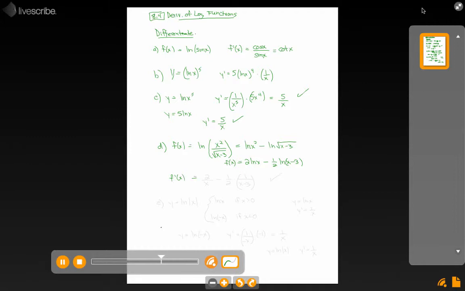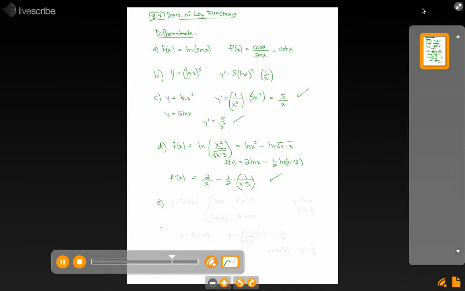Well, this first one is 2 times 1 over x, so 2 over x, minus half times 1 over x minus 3 times the derivative of x minus 3, which is just 1. And so you have quite a simple derivative to take that is exactly equivalent to what you would have gotten if you would have done all that chain rule and quotient rule stuff that I was describing, but it's much, much, much easier and nicer to deal with.